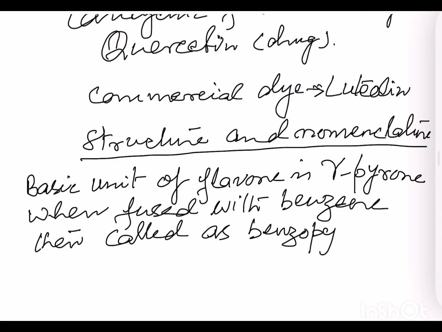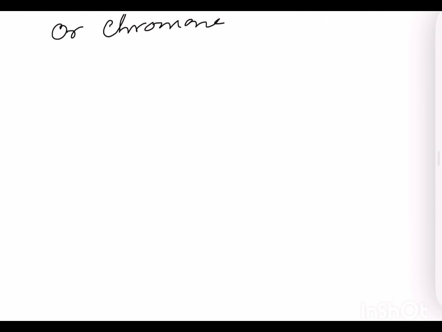Therefore, the whole skeleton is based on the chromone nucleus. The structure of the gamma pyrone is this one. This is your gamma pyrone nucleus.